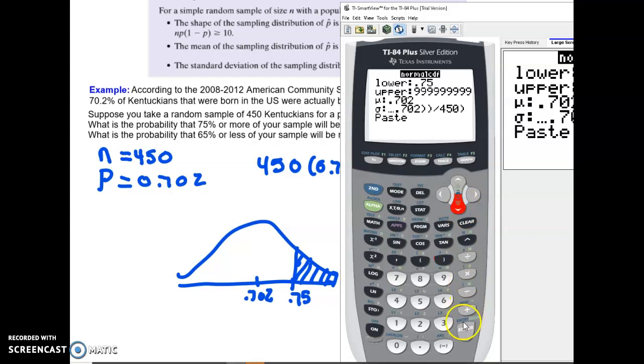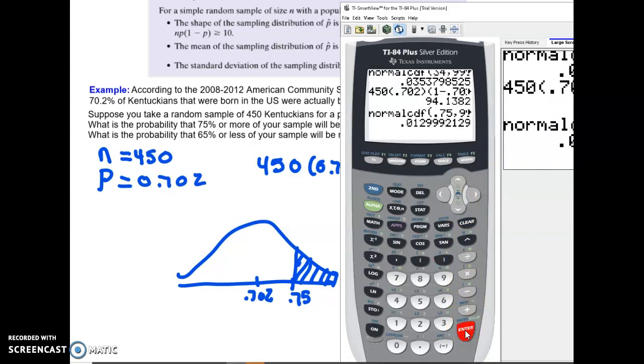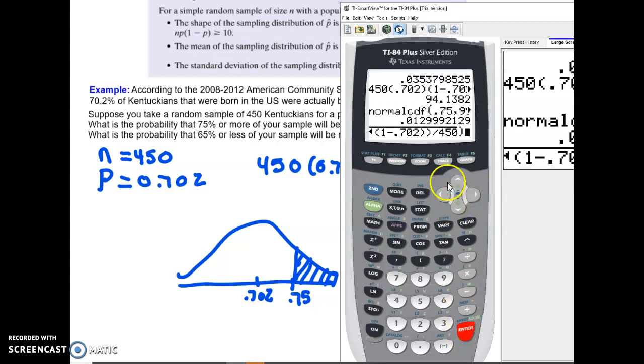Okay, so let me check my math here. Just checking my square root. Okay, looks good.